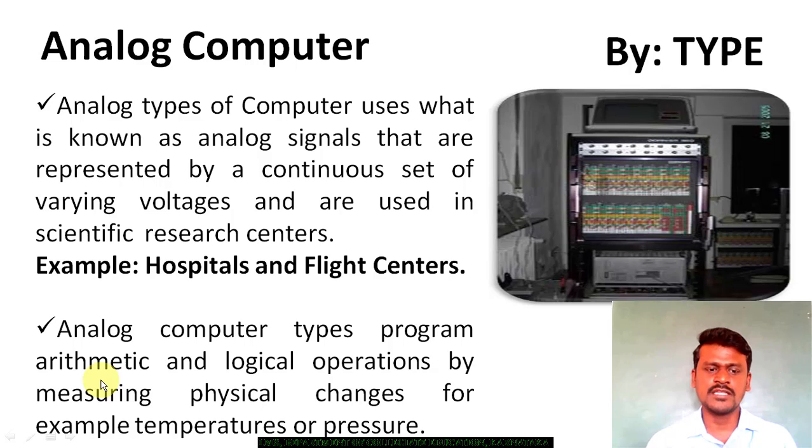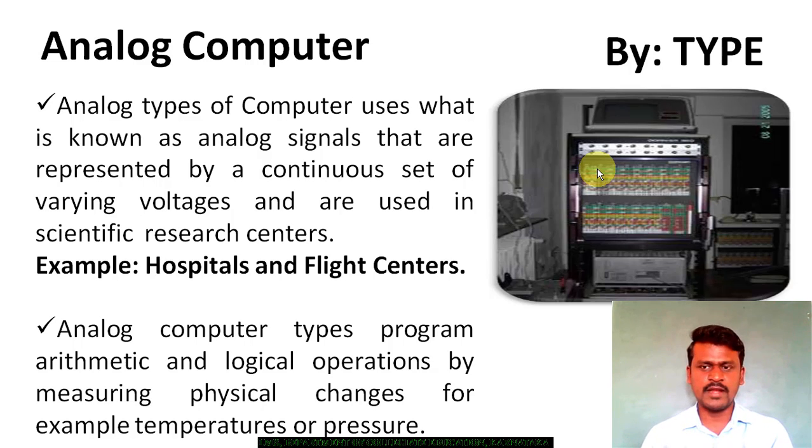Next, analog computers perform arithmetic and logical operations by measuring physical changes, for example temperature and pressure. These are also used for measuring the temperature of the environment and the pressure between two different molecules, or two different items, or you can call them different matters, right?